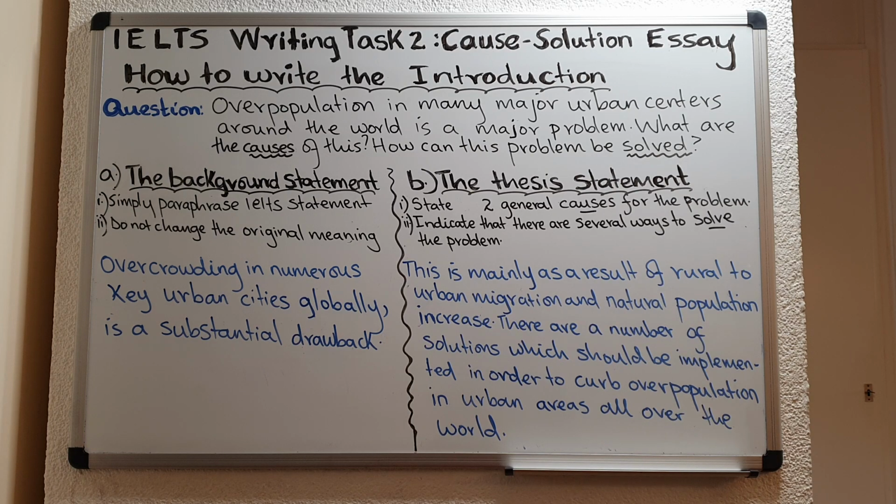You can replace world with planet if you wish to. So, in my case, I decided to replace the whole phrase around the world with the word globally, because I am aiming for a band 9.